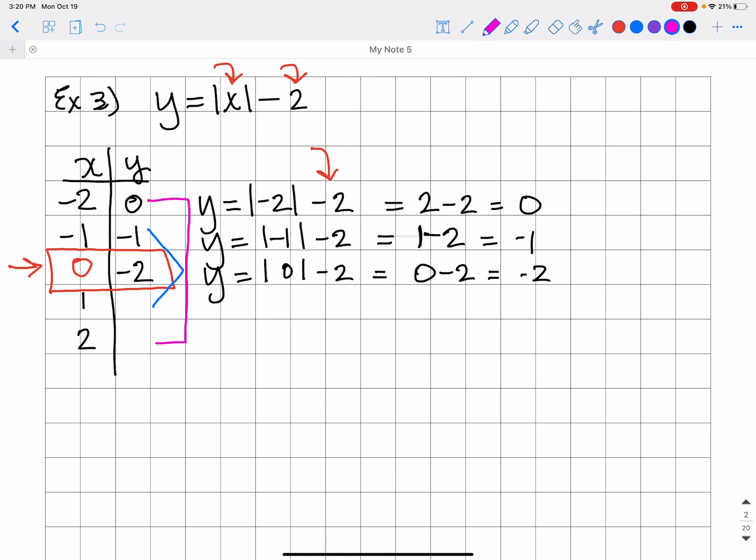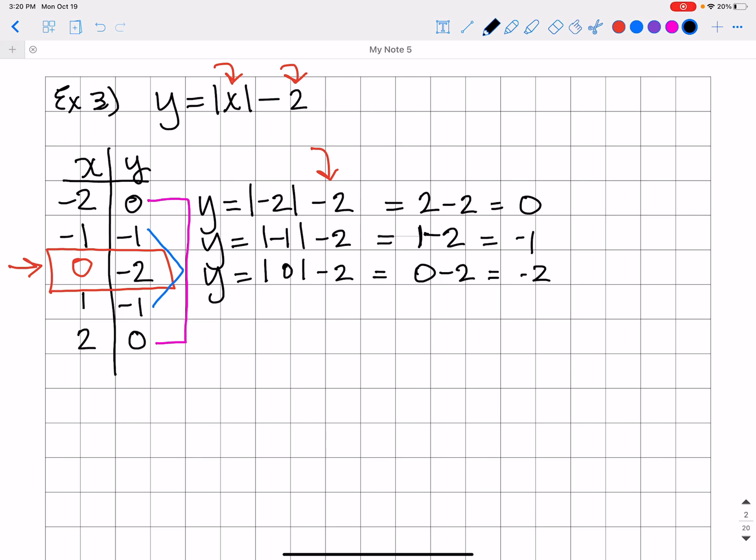So what should I get for my next y? I should get -1, because my -1 above my vertex should mirror my -1 below my vertex. And then the next one down should be a 0, because it should mirror the 0 that's 2 above. 2 below and 2 above should mirror each other.